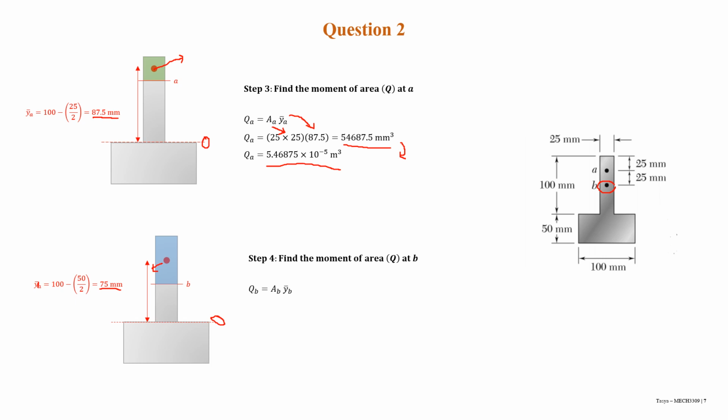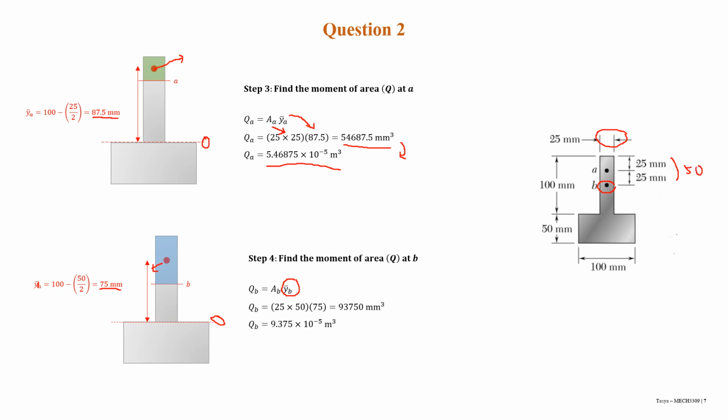So we just need to put that into YB here, and to find the area B, we multiply the base and the height. The base is the same, 25, and the height is 25 plus 25, which is 50.